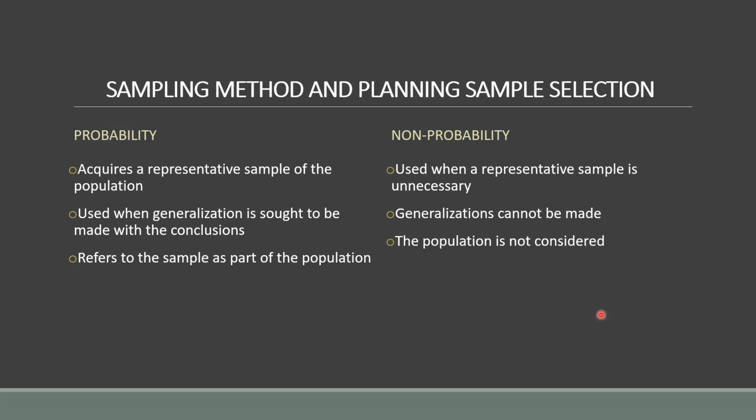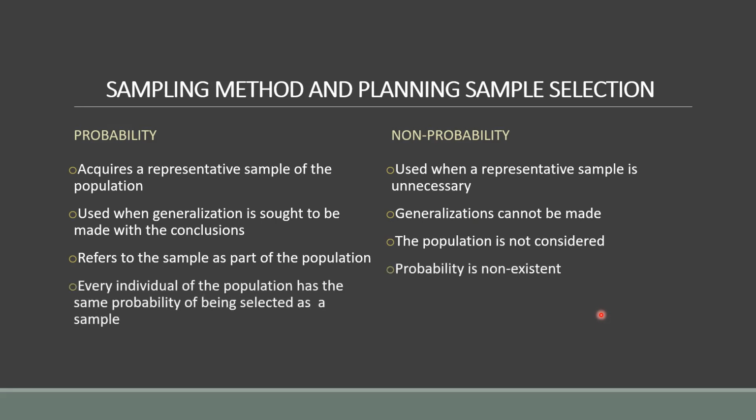And for the last difference between the two types of sampling selection, for probability, every individual of the population has the same probability, or in layman's terms, equal chances of being selected as a sample or representative of the population. But for non-probability sampling, probability is non-existent.